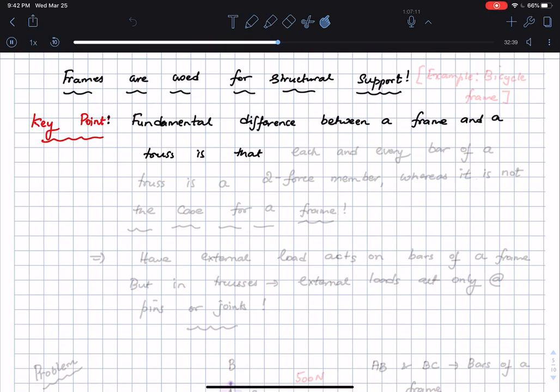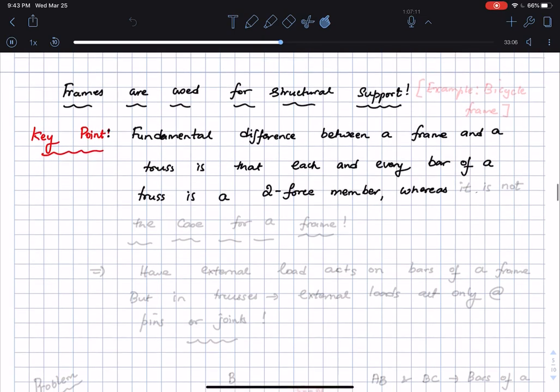Each and every bar of a truss is a two-force member, whereas this is not true for a frame. It is not the case for a frame.